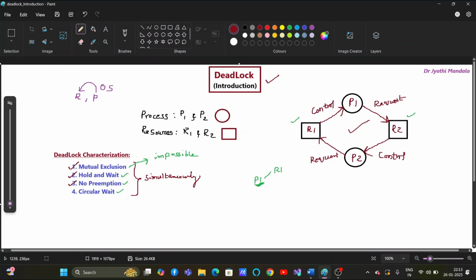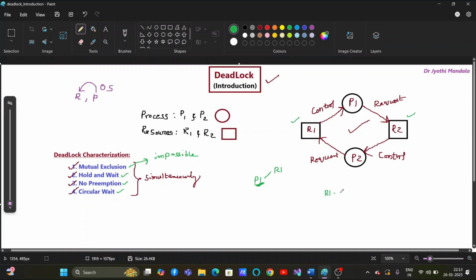Okay. Next one is circular wait. Circular wait is nothing but, observe this scenario. The same example can be applied here. Circular wait is when one process is holding a resource, process P1 is holding a resource and it is requesting another resource. There is a circle. Did you see here?